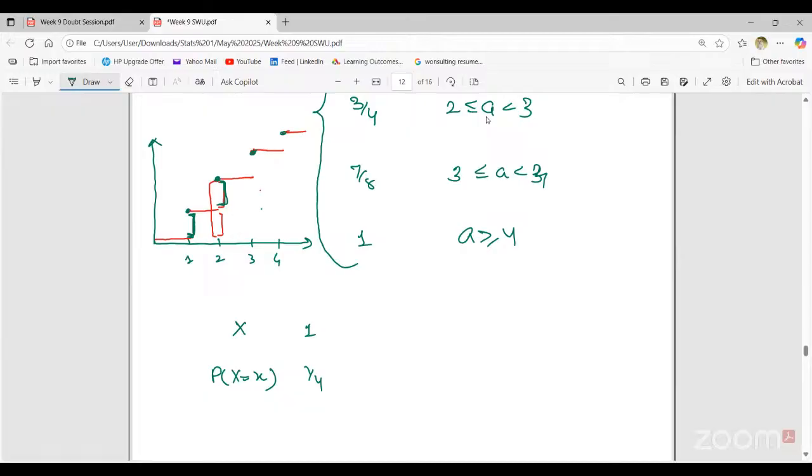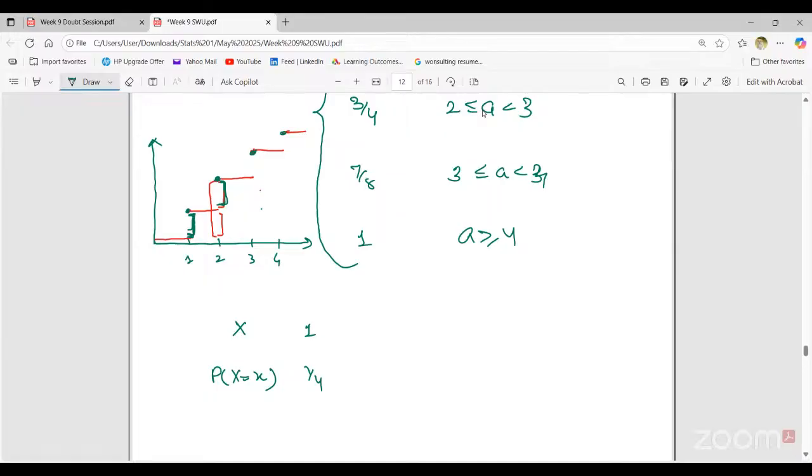Yes or no? Ma'am, which one? The probability of x equals 1. It will be 1 by 4. Yes, ma'am.